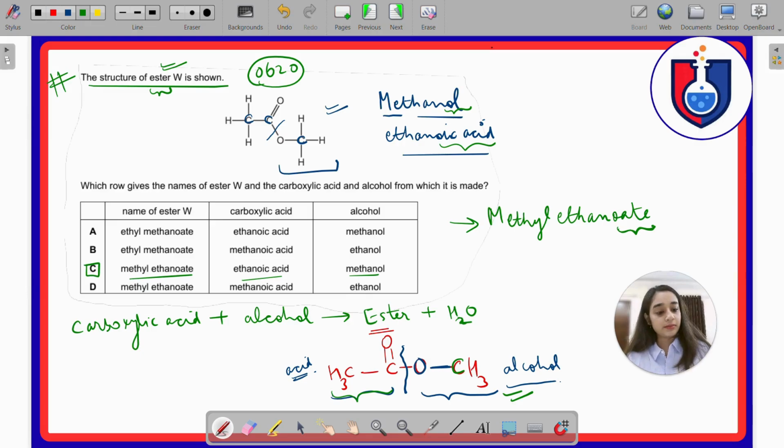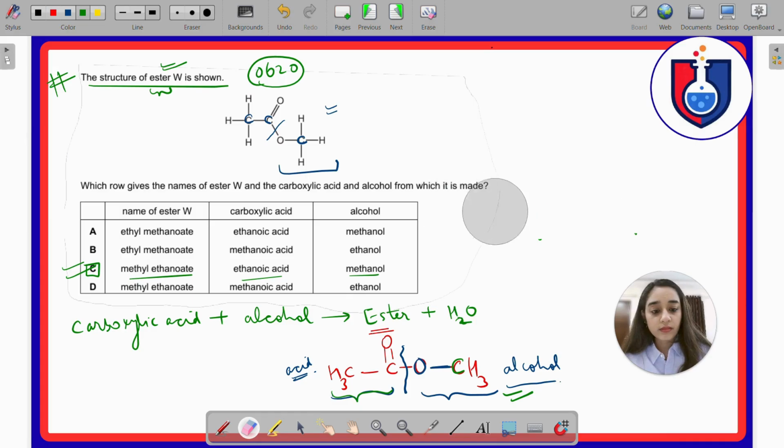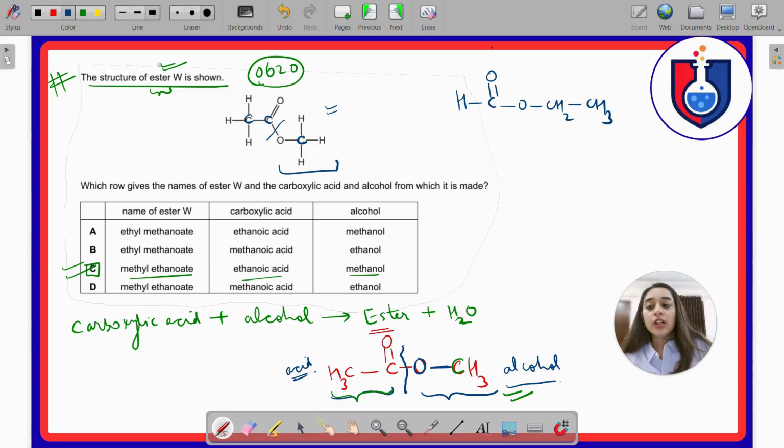This one, right? We can quickly have one more example. Suppose we have this ester. Now this is an ester because it has this group.